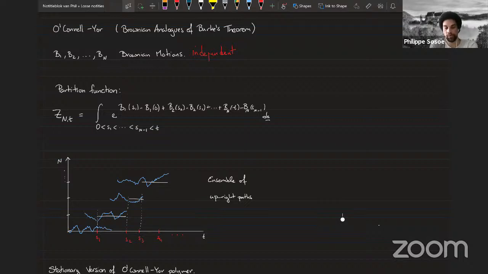We start at level 1, and then at time s1 we jump to level 2. We spend time s2 minus s1 at that level, and then we jump at time s2 to level 3, and so on. In this way we go from the first level at time 0 to the nth level at time t. On each level, for example the second level, we accumulate an increment of a Brownian motion.